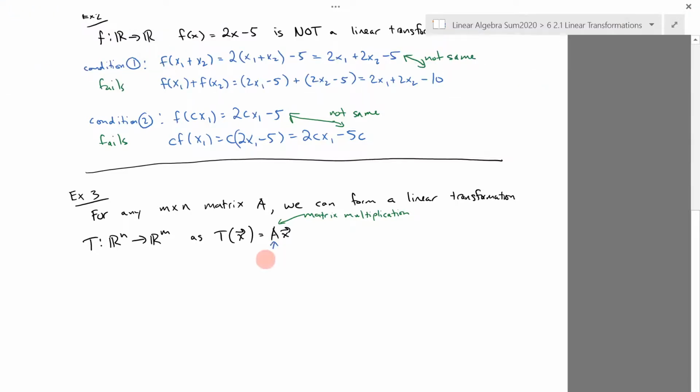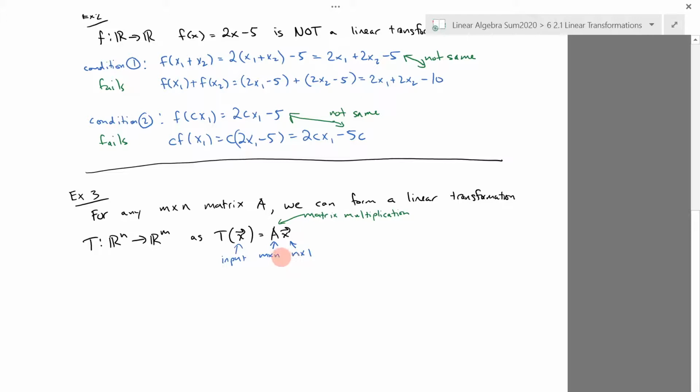Because A is an m by n matrix, and x is a vector in the domain, because that's the input. So x is part of the domain, which is Rn, which we think of as a column vector. As a column vector, that will be n by 1.